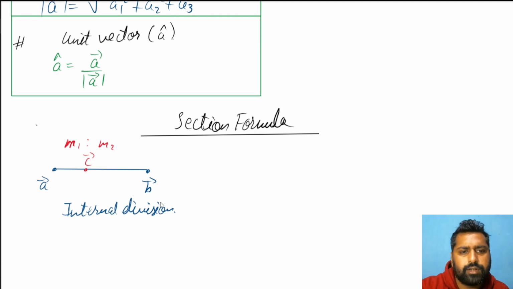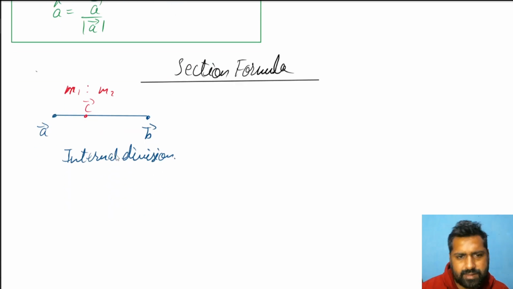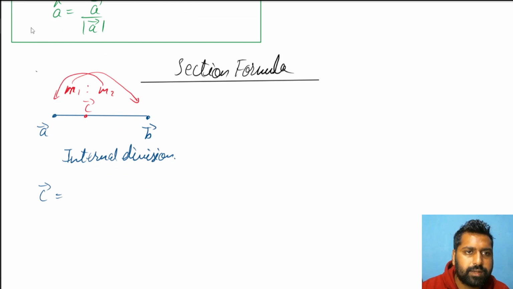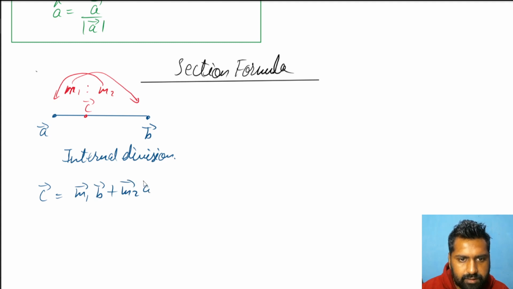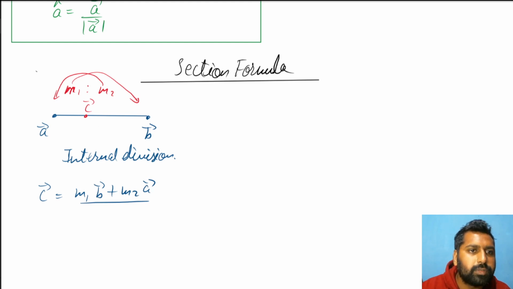In the case of internal division, the formula is pretty much the same as the section formula you must have studied. The C vector is given by multiplying these ratios like this: M1 will be multiplied with this, M2 will be multiplied like this. So C vector will be given by M1 multiplied by B vector plus M2 multiplied by A vector, upon, sorry, I have written M1 vector, M1 and M2 are numbers.